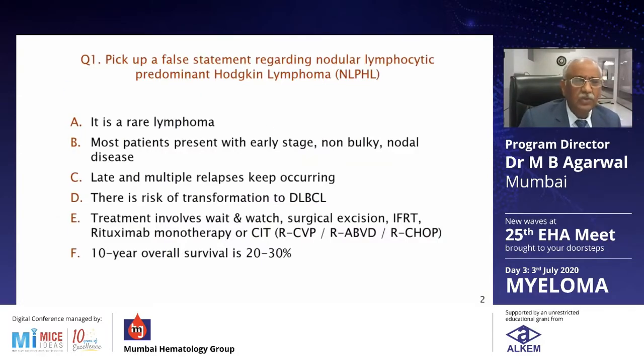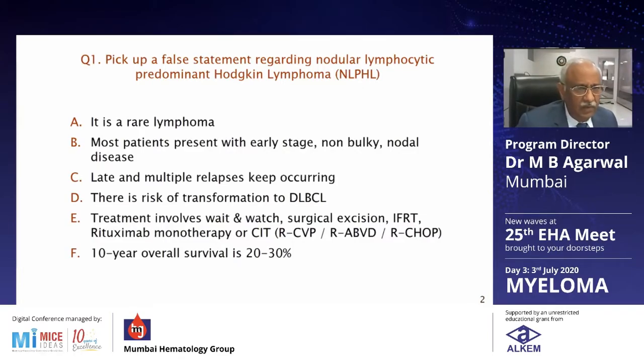The question to you is to pick up a false statement regarding nodular lymphocyte predominant Hodgkin lymphoma, NLPHL. There are 6 statements here, 5 of which are correct, 1 of which is wrong. I will read this to you and then you will have 20 seconds to answer.